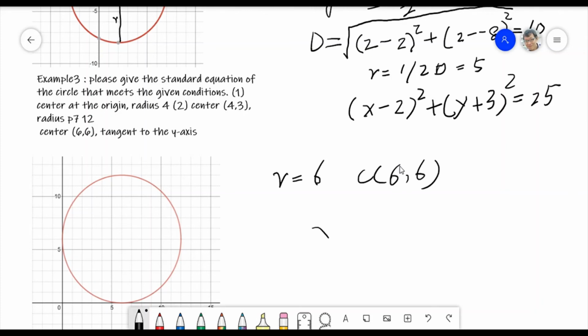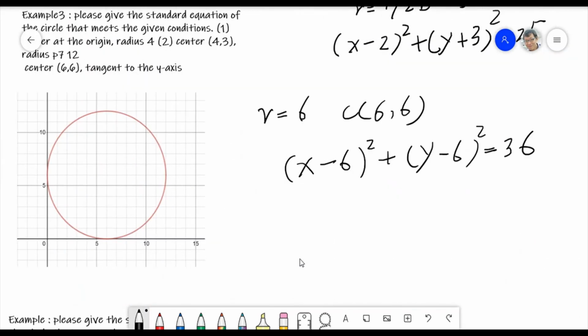So it's x minus 6 squared plus y minus 6 squared equals 6 squared, right? 6 squared is 36. Okay, great. So we made this also again.